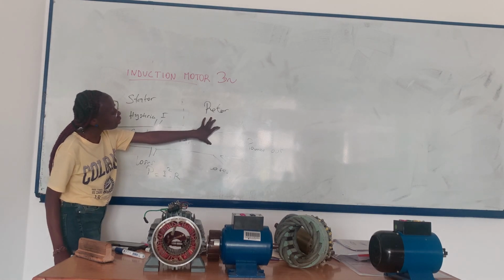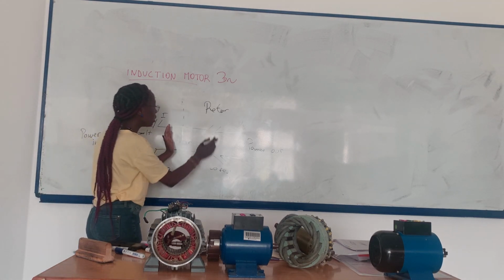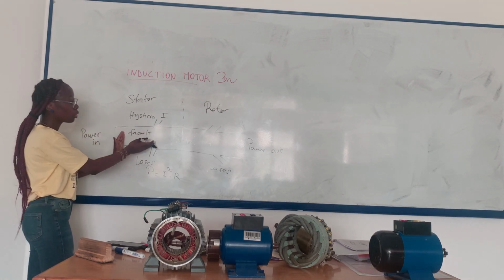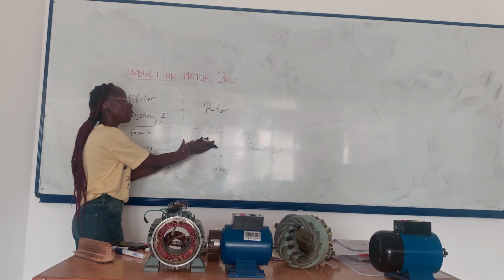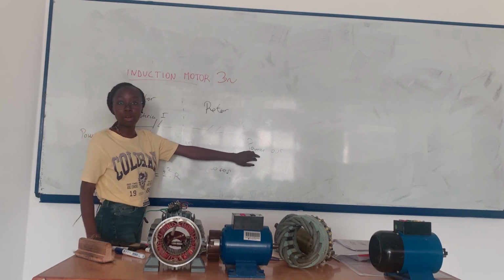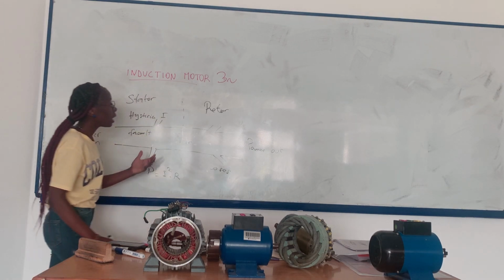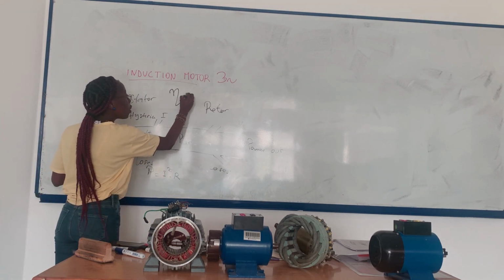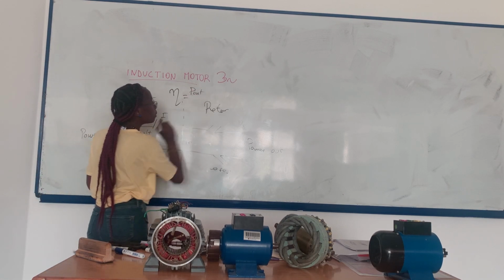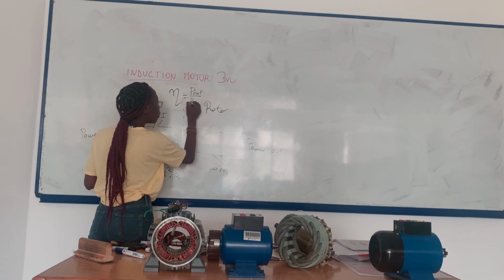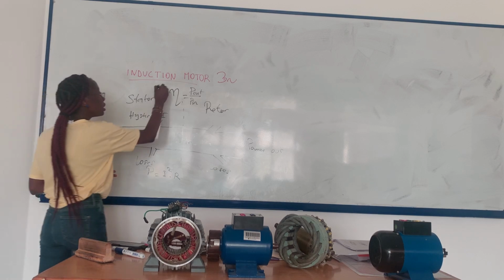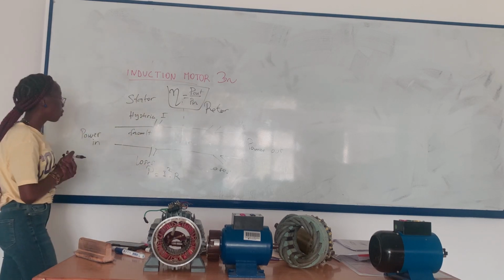So when we take the power in, minus the power lost due to the Foucault current, minus the losses in the rotor, we will have the power out. So to find the efficiency of our motor, we take the power out of the motor divided by the power in. The power in is what is introduced to the motor. So in this way we have the efficiency of our motor.